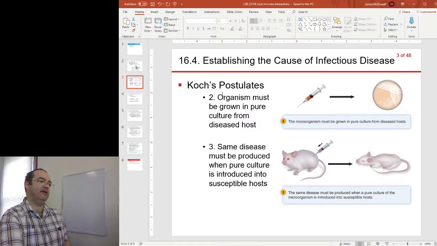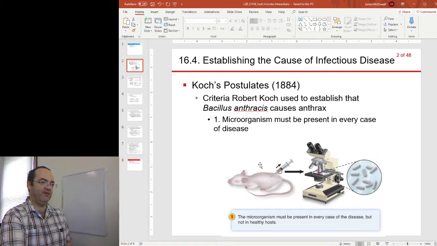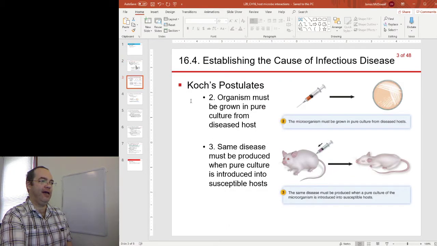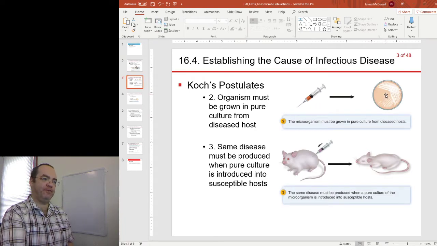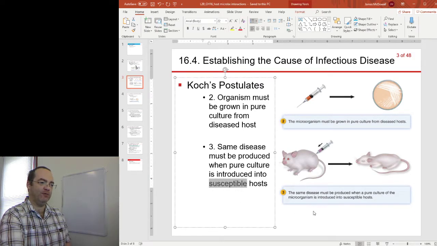The next step that Koch set forward is that you must be able to take the microbe you extracted from the diseased animal or the diseased host and grow it in pure culture. The microorganism must be grown in pure culture from diseased hosts, so streaked onto an agar plate, for example. Then the same disease must be produced from the pure culture when it's introduced into a new host, as long as that host is susceptible.